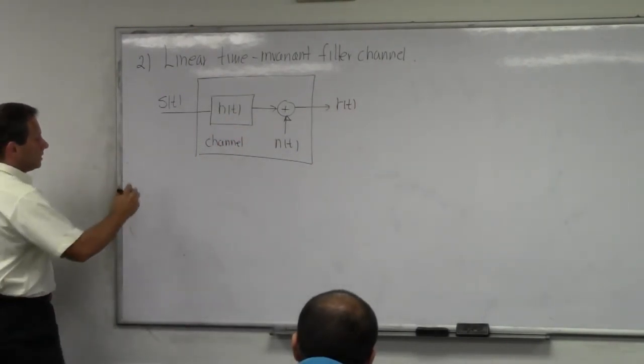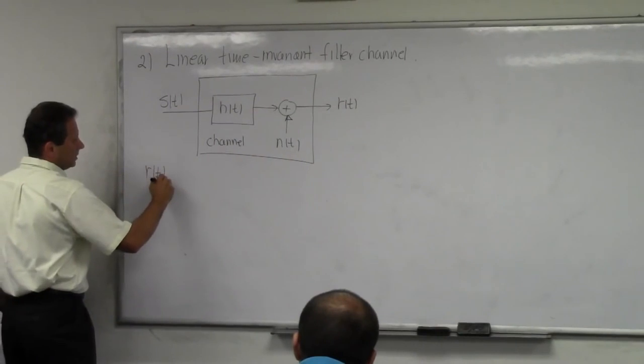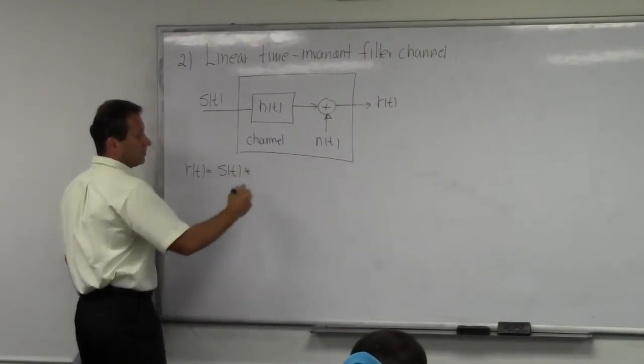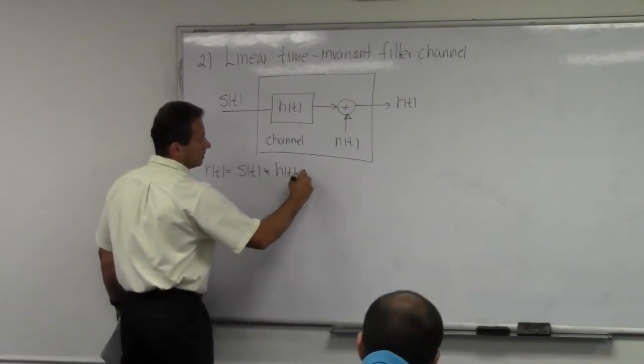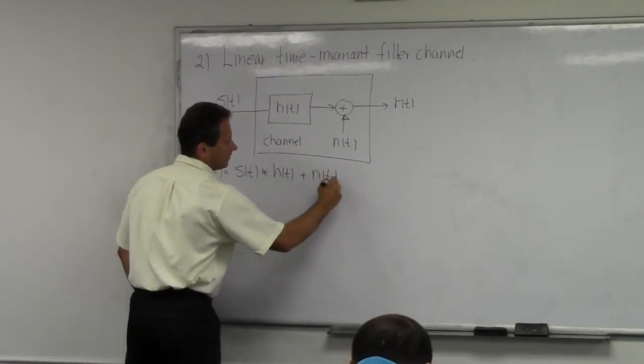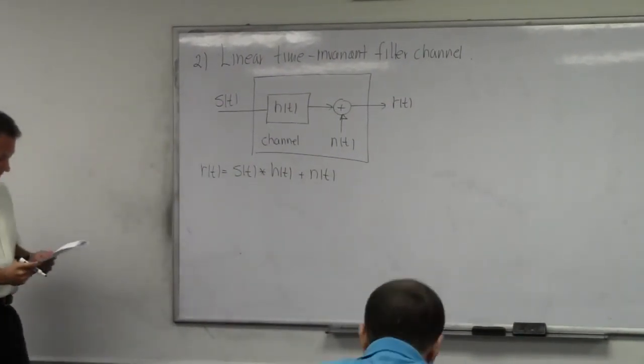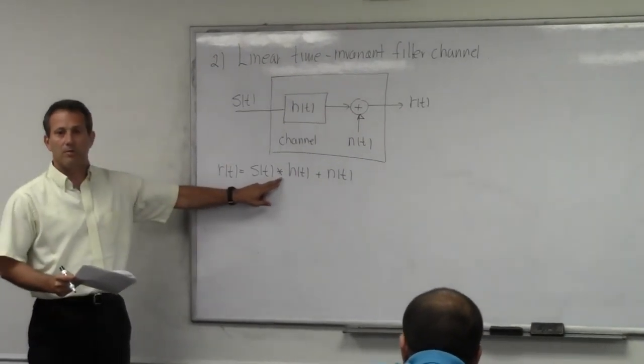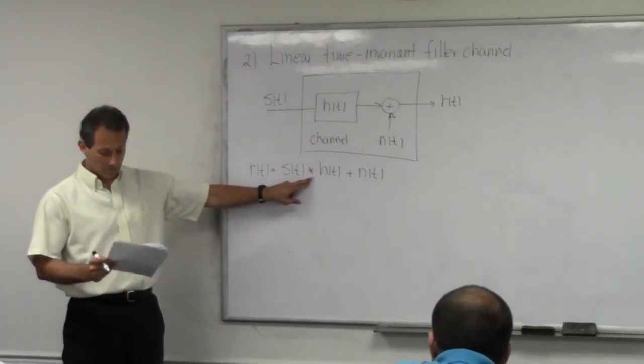In this case, the output signal r(t) is s(t) convolved with h(t) plus n(t). Okay? In this expression, this star, as you probably know, indicates the convolution operator.